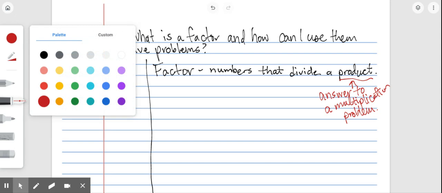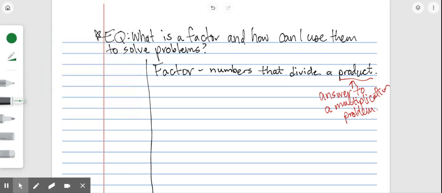So for example, if I have a number, I'm going to write example right here. If I have a number like 20, I want to think about factors of 20, things that divide 20. What number can I divide 20 by? Let's think for a second. There are a bunch of them. So pause this video, take a second, think about it.